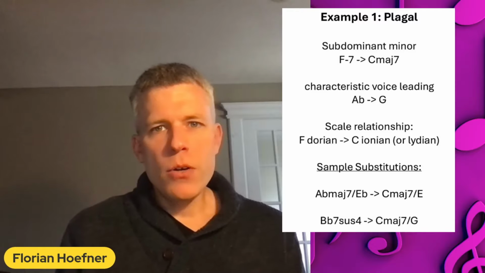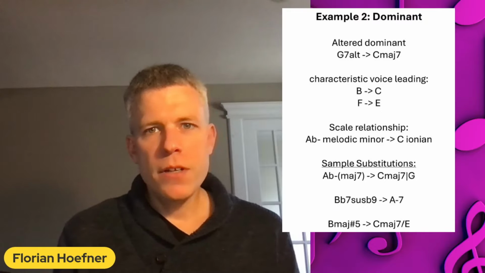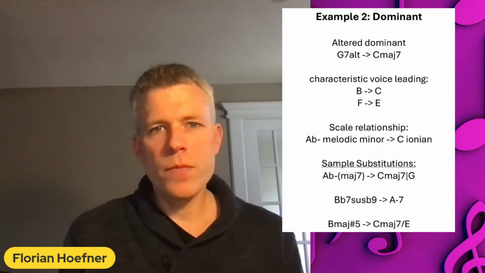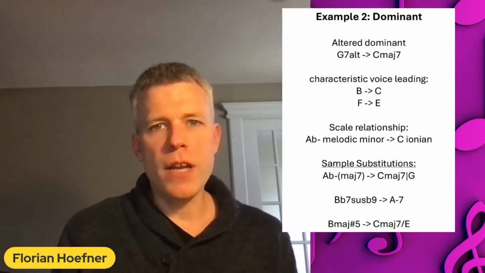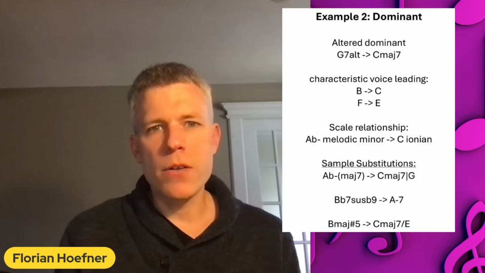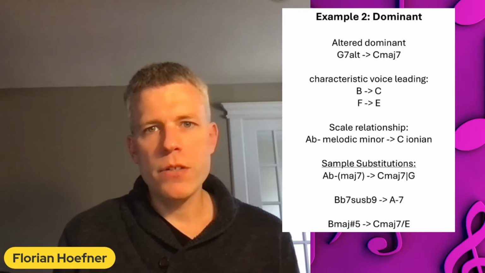Let's move on and look at dominant relationships. There are different dominant colors as a starting place. I have selected the altered scale as our sound here. So we have G7 altered going to C major 7.